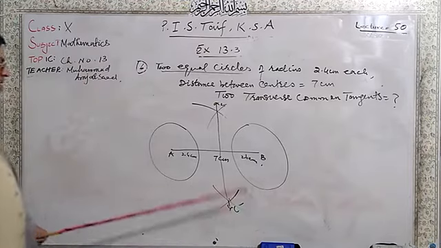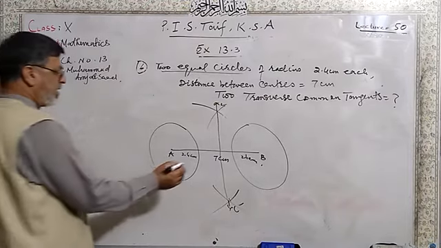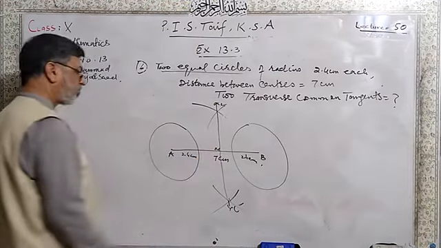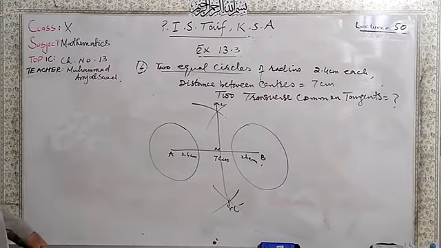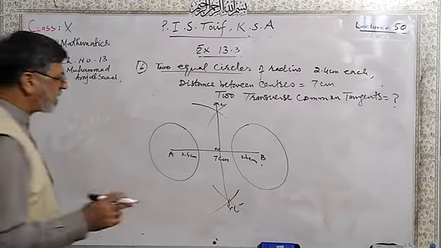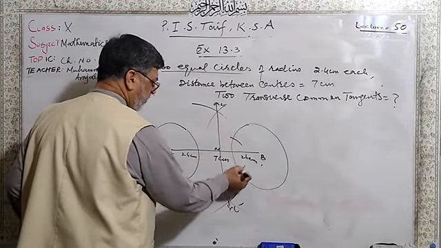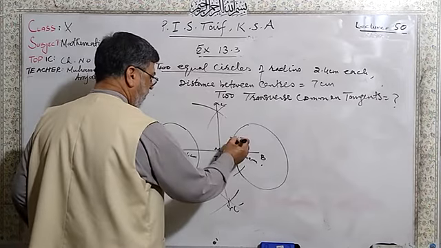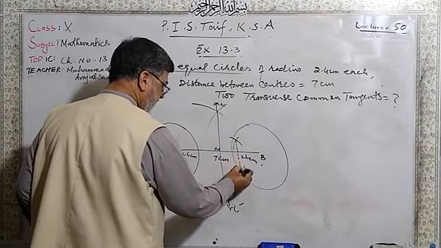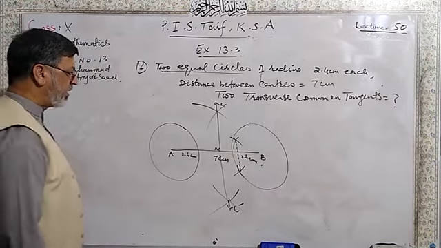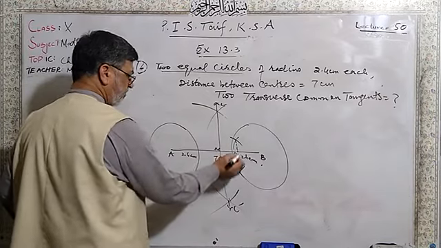They intersect AB at point M. Again you draw the perpendicular bisector of BM. Open the compass more than half and then you will have another midpoint. Suppose it is O.